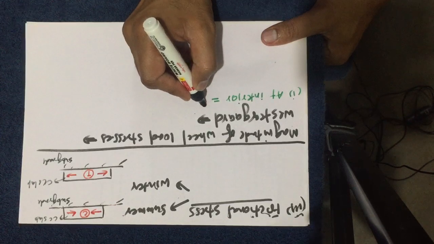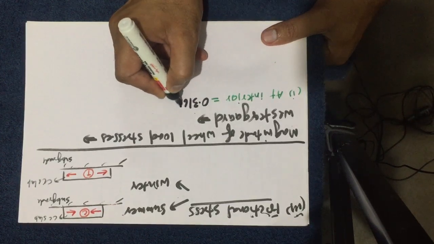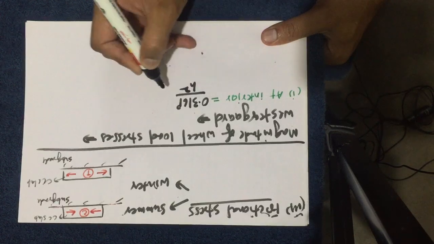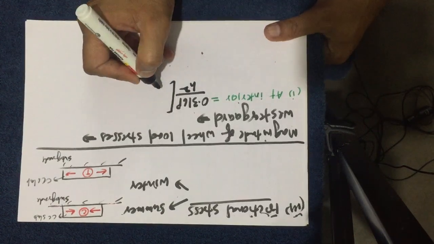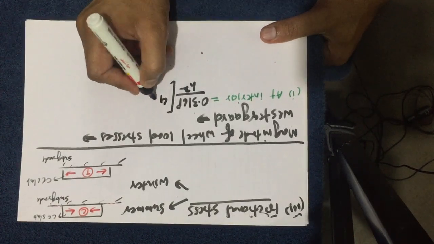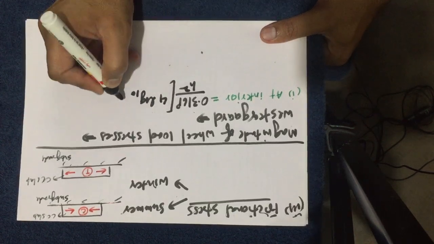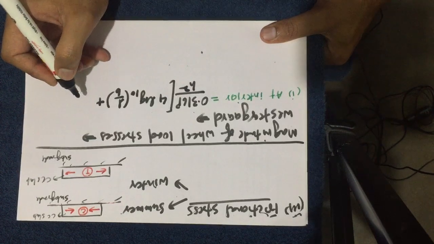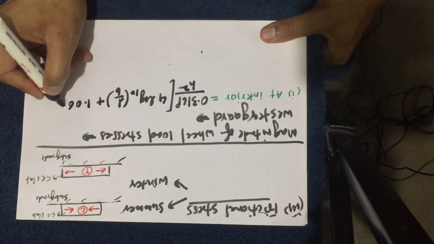0.316 P divided by H square, bracket 4 log 10 L by B plus 1.069.